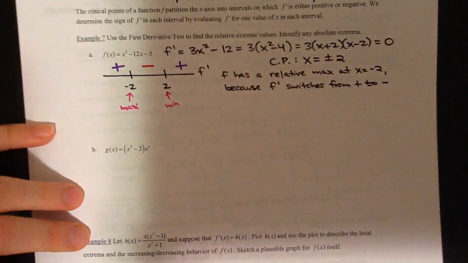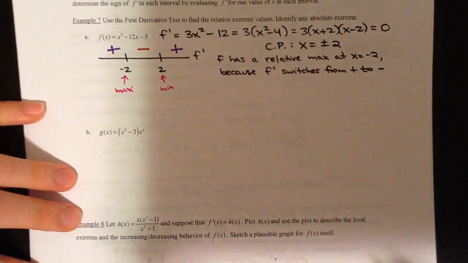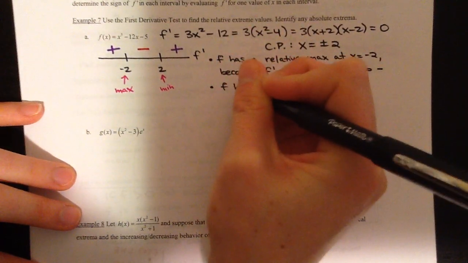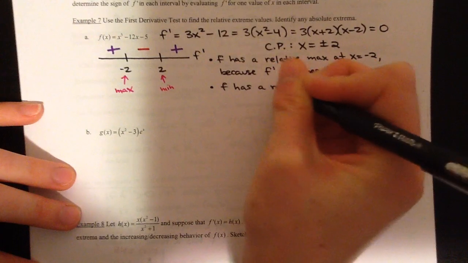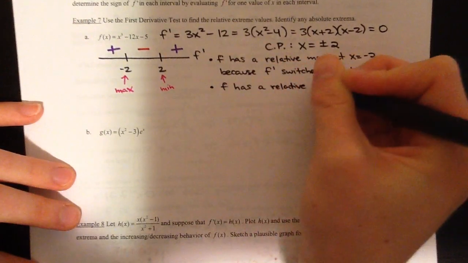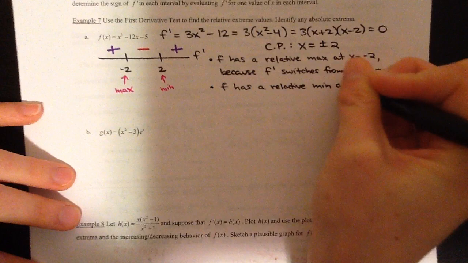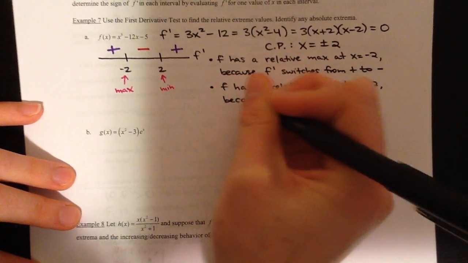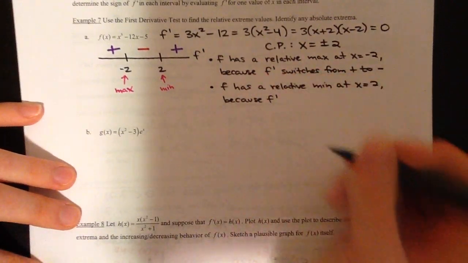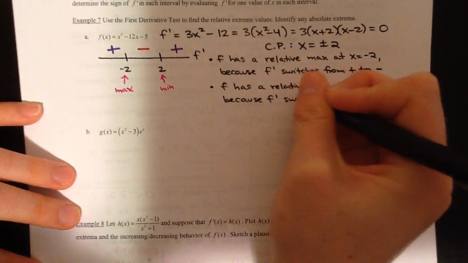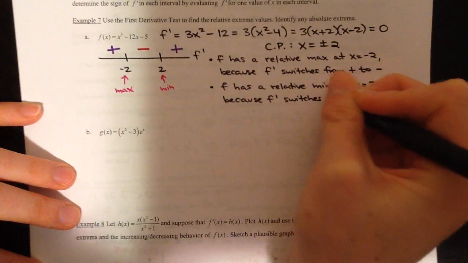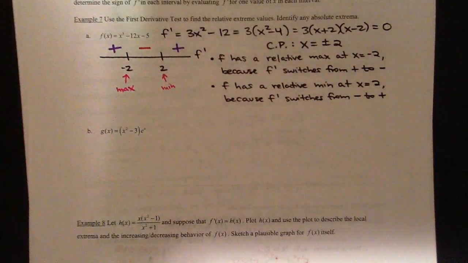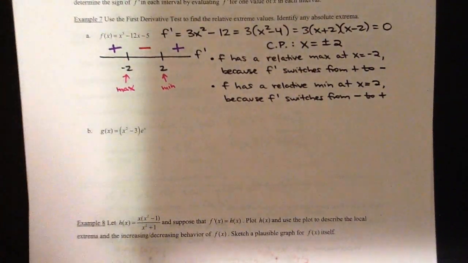We can do some abbreviating right now, but we don't want to do too much abbreviating in the AP test. So that's one thing we know. Next thing we know, f has a relative min at x equals 2 because f prime switches from negative to positive there. Okay, and again, probably don't want to do the abbreviating on the actual AP test.